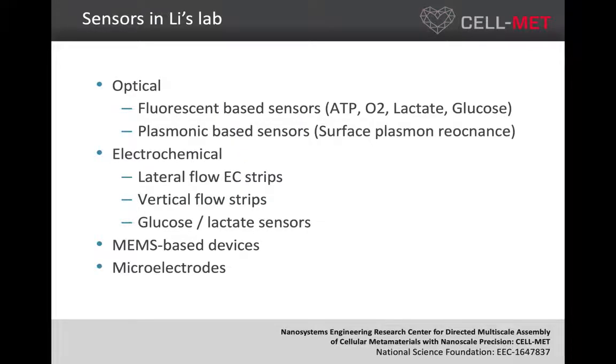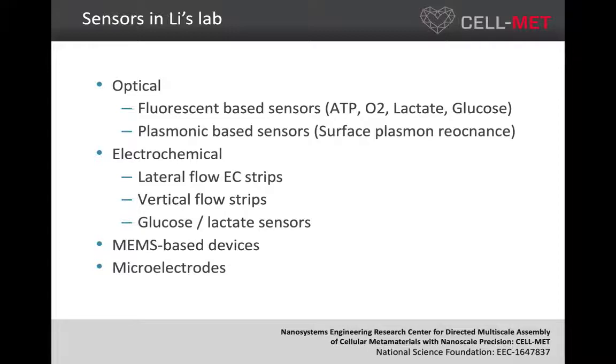So the optical sensors that we typically use in our lab are fluorescent-based or plasmonic-based sensors. The fluorescent-based sensors include the ATP, oxygen nanosensor, lactate, and glucose. And our plasmonic-based sensors, which is going to be the focus of this video, would be surface plasmon resonance based sensors and also localized ones.